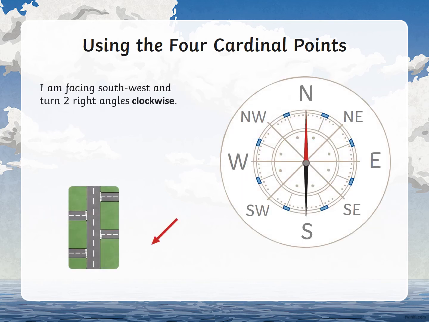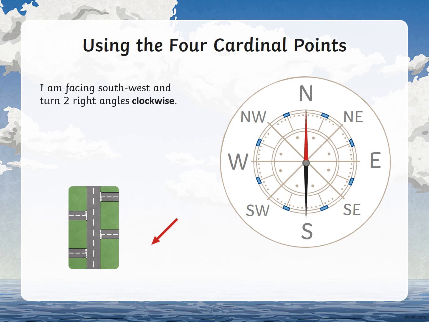Let's try another example. Stand up if you can and imagine that you're facing southwest, and this time you've got to turn 2 right angles clockwise. So that means you're turning to the right. I'm going to help you with this one. I'm going to talk you through it.